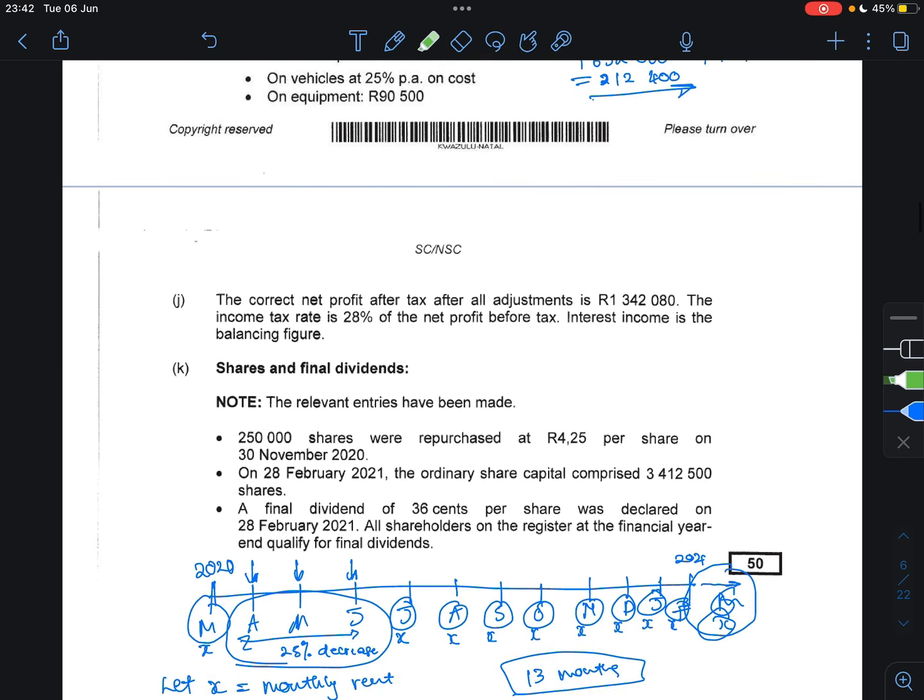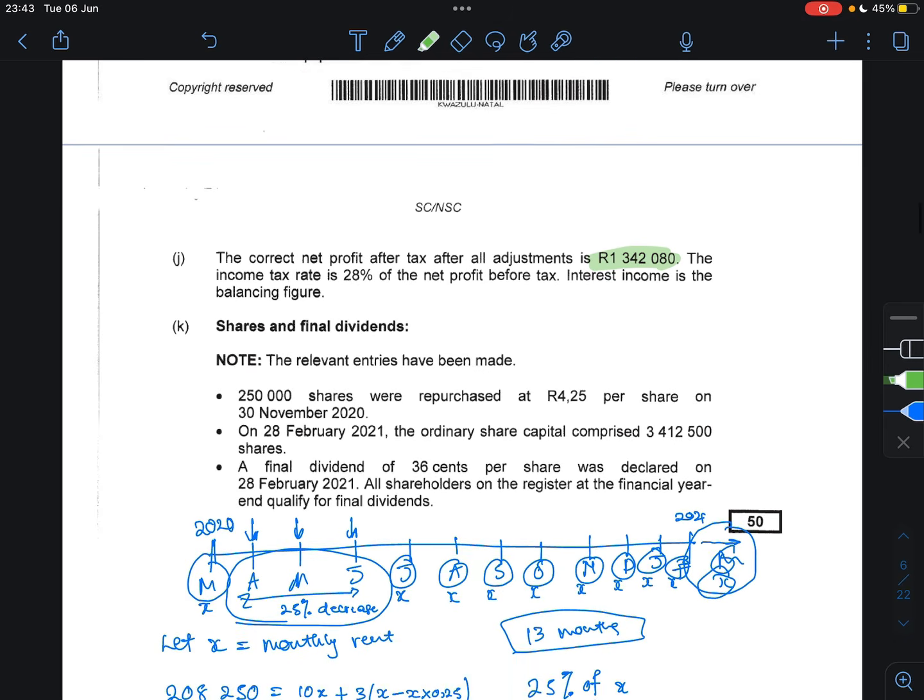Okay, so now it says the correct net profit after tax after all adjustments is 1,342,080. The income tax rate is 28% of the net profit before tax. So your net profit before tax is always 100%. Your net profit after tax is equal to your net profit before tax minus your tax.